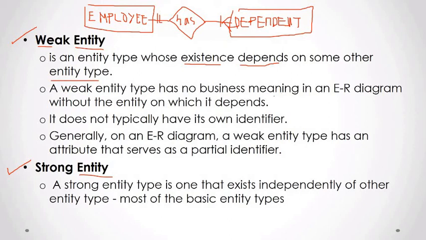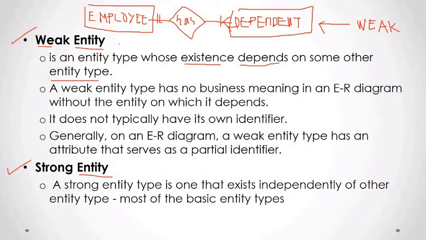Now, this entity dependent depends on the existence of employee. So dependent is actually a weak entity. Okay, why weak? That's because if we are going to remove the entity employee, then there's no need to have that entity dependent.